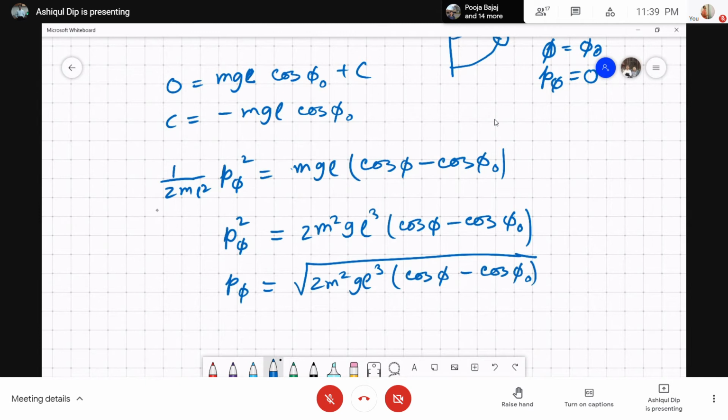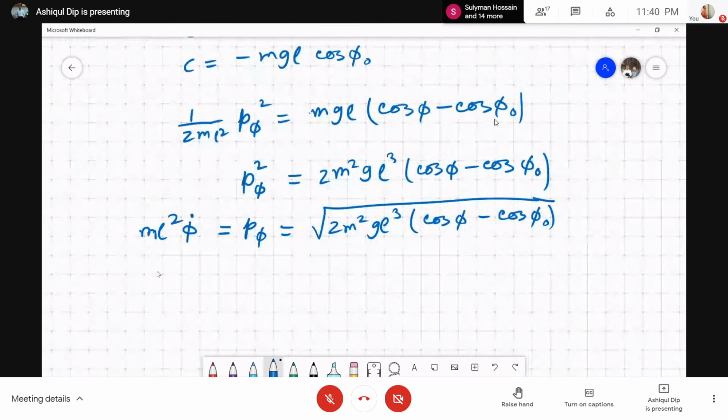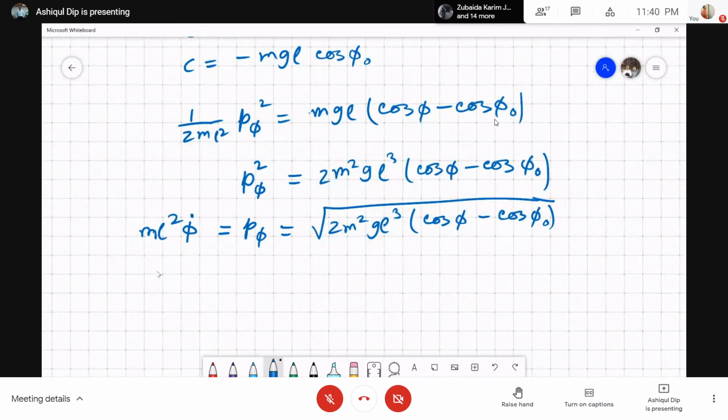Also, instead of p phi you could substitute the definition of p phi itself. What was that? m l squared phi dot, right? So if you divide, those m cancel out and you're left with g by l on the other side.